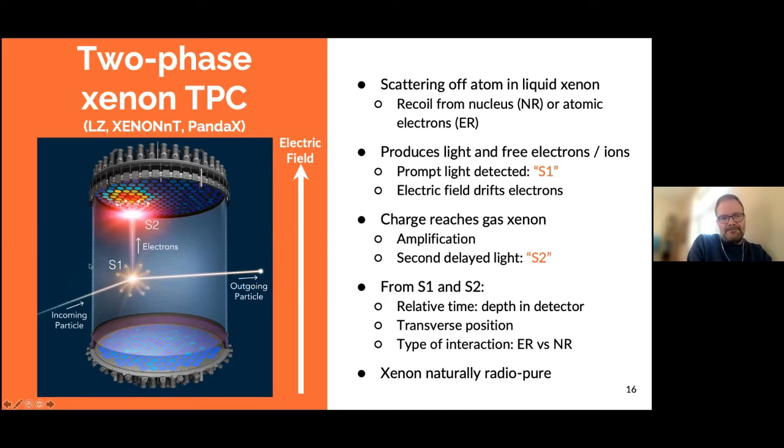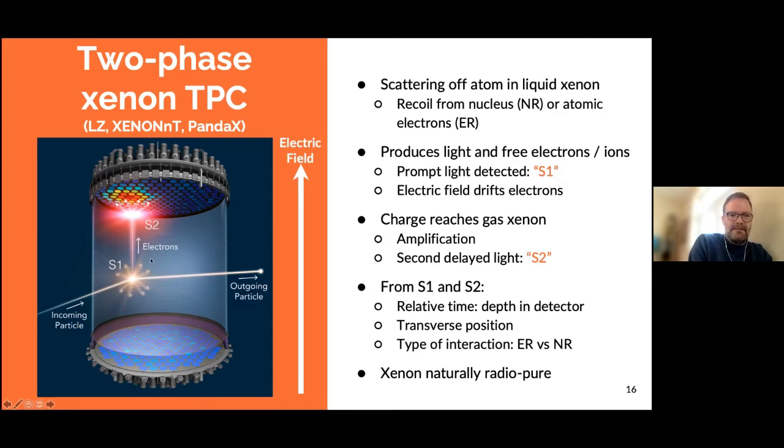And in the horizontal, in the XY plane, we can tell from the light pattern that appears on the PMTs at which position this interaction occurred. And I will talk about this shortly, but background contributions, so non-standard model particles that might enter your detector from the outside, they typically would interact very soon after entering the xenon.